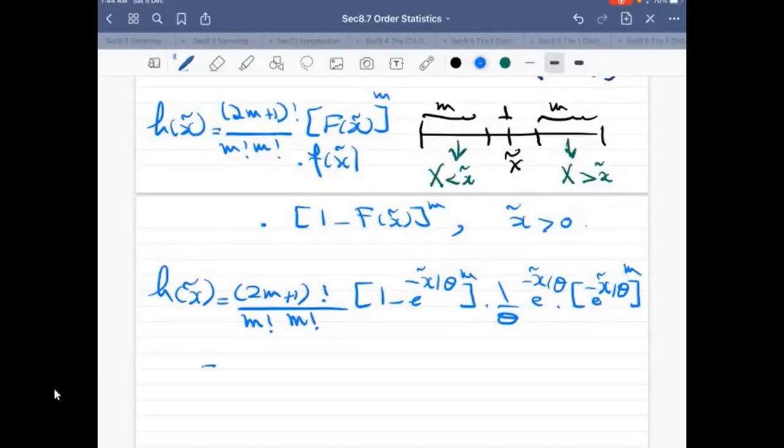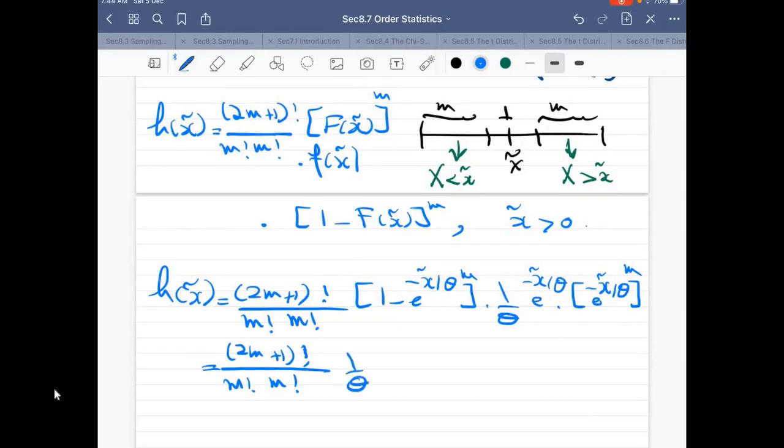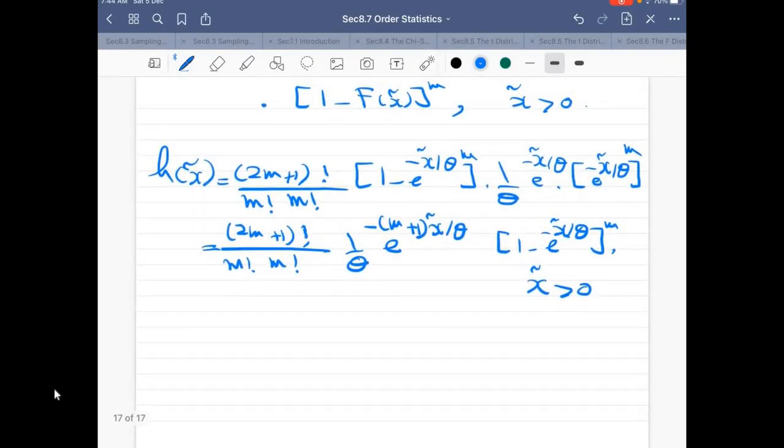Okay, and this will give me 2m plus 1 factorial over m factorial into m factorial into 1 over theta e power minus m plus 1 into x delta over theta into 1 minus e power minus x delta over theta power m, for x delta greater than 0.